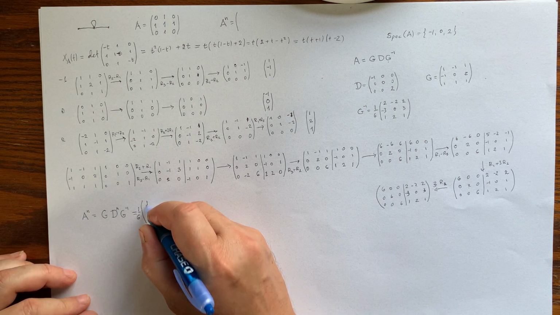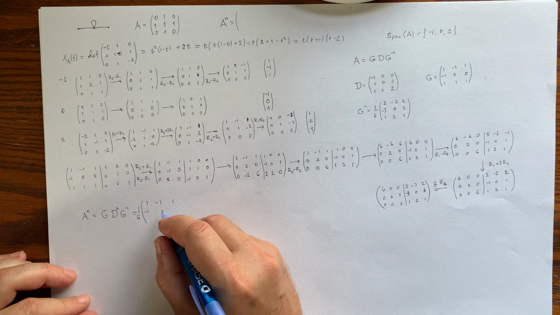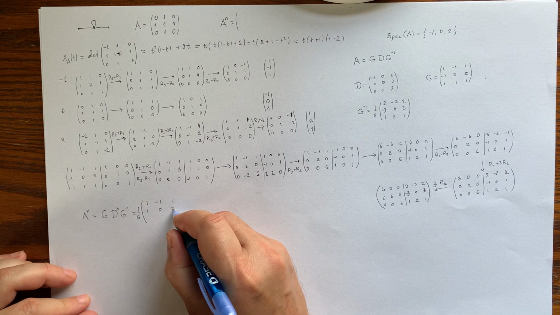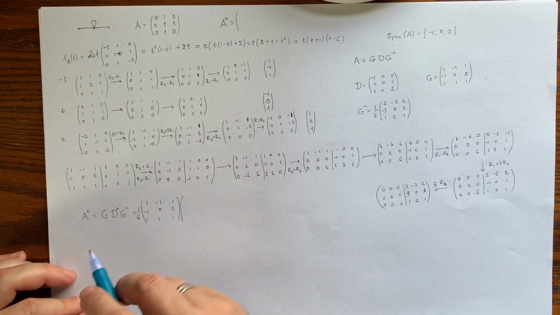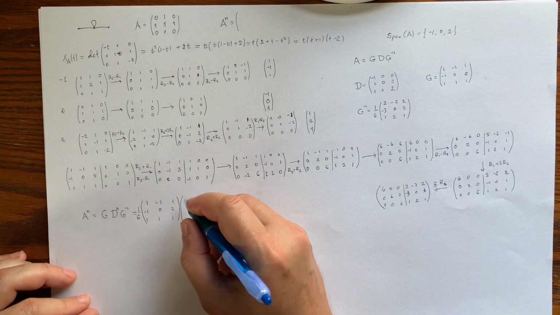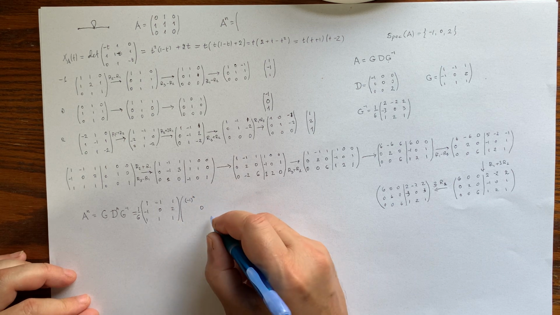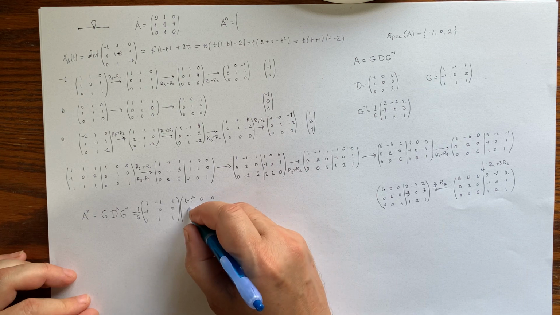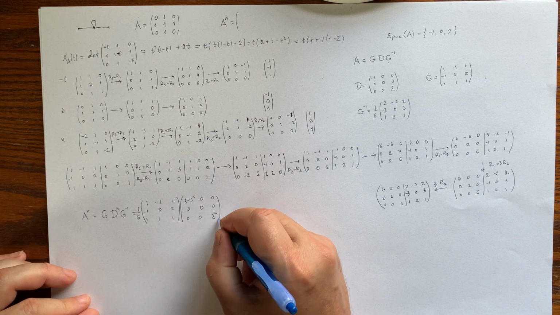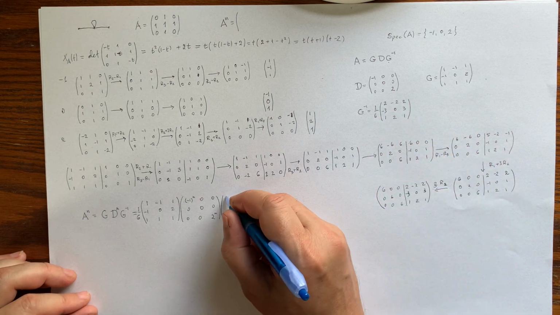First comes G, then the nth power of D, which will be negative 1 to the nth power, 0, and 2 to the nth power on the diagonal, and zeros everywhere else. And then the bulk of G inverse.